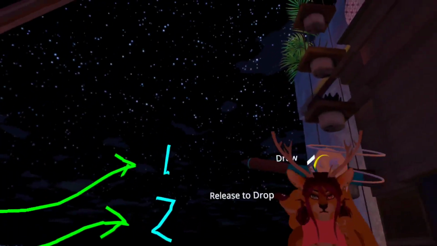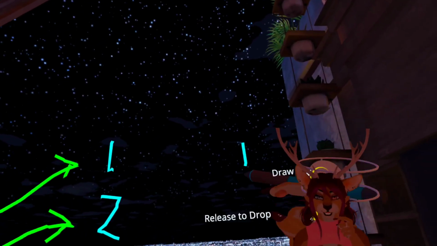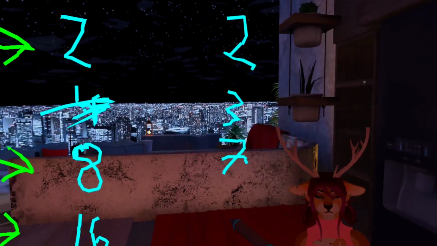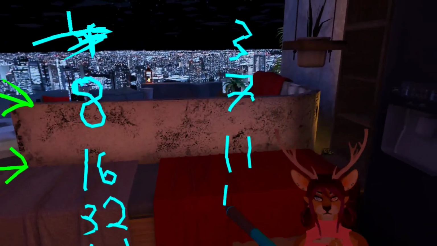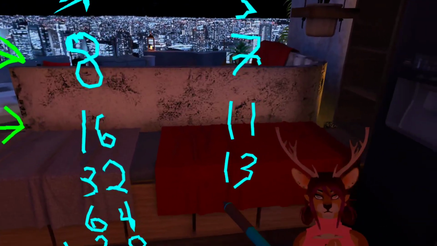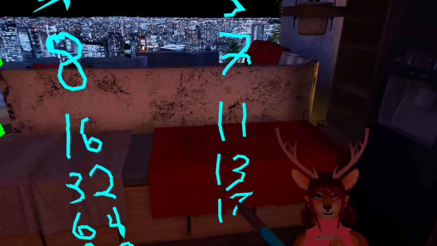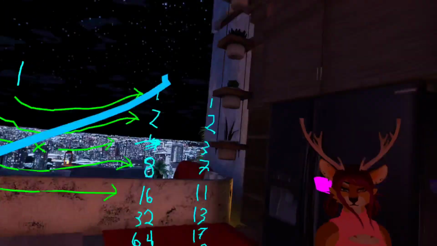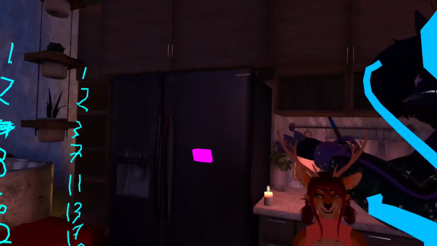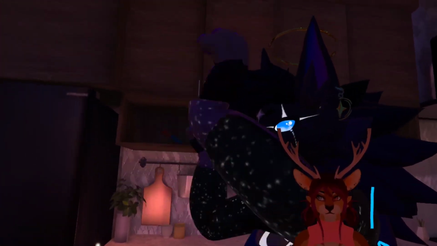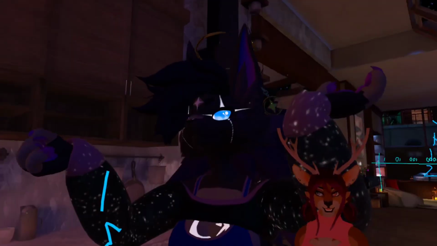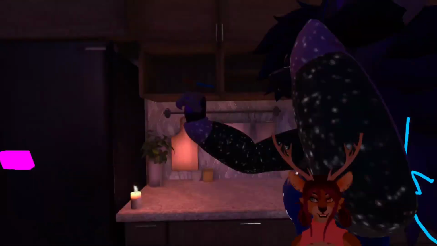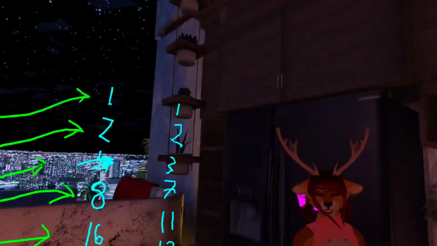What happens if instead of these, we use 1, 2, 3, 7, 11, 13, 17, I think is next, 19. These are prime numbers. There's no other way to get them than by inventing prime numbers. That's what I'm trying to bring home from work, is this insane theory that it might be possible to do math with this number set.